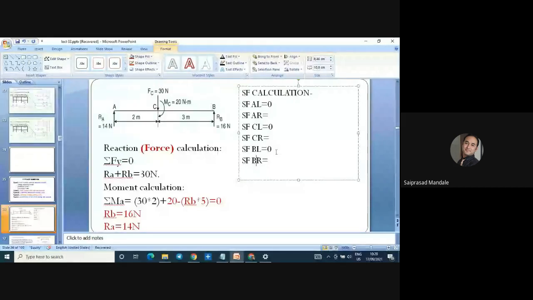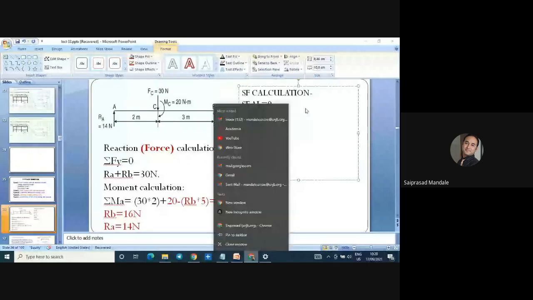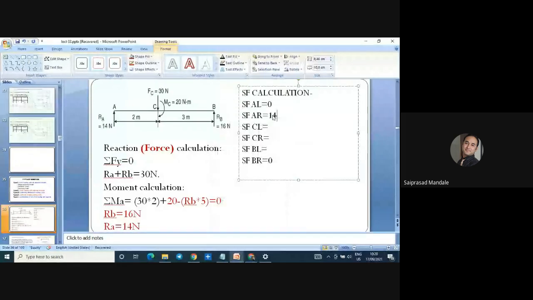Right of B is 0. Can anybody tell me the value of shear force at right of A? 14, perfectly correct. It is 14 Newton.